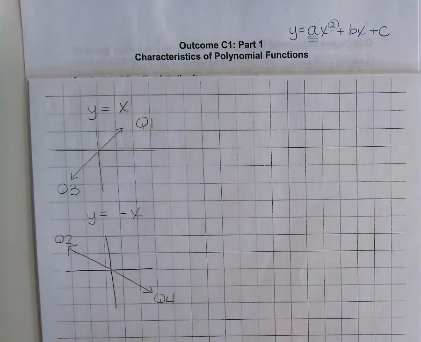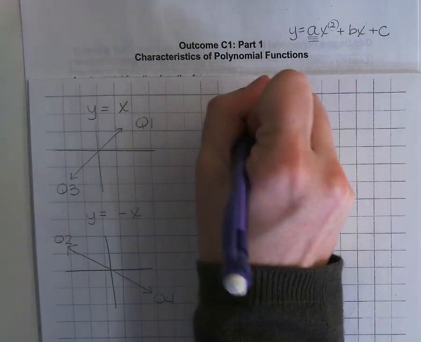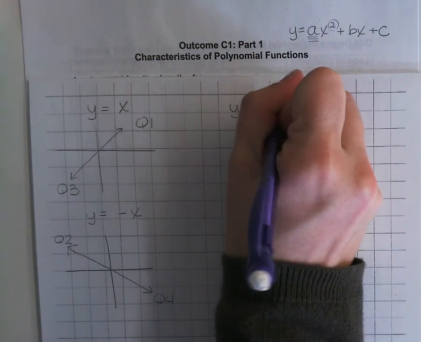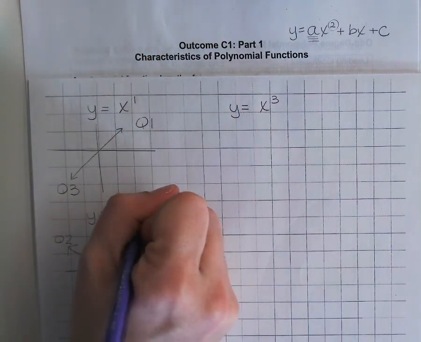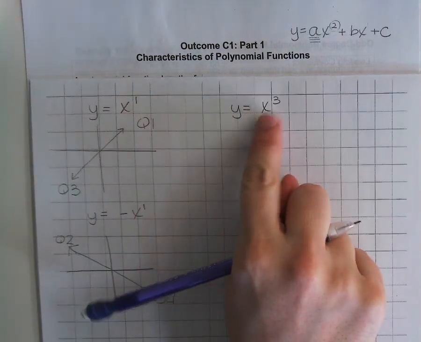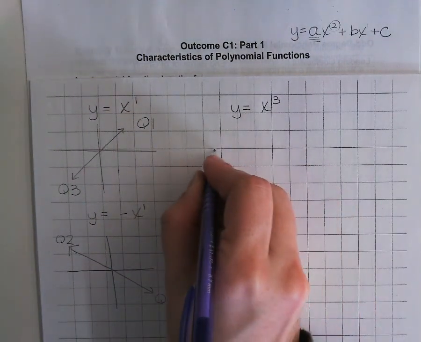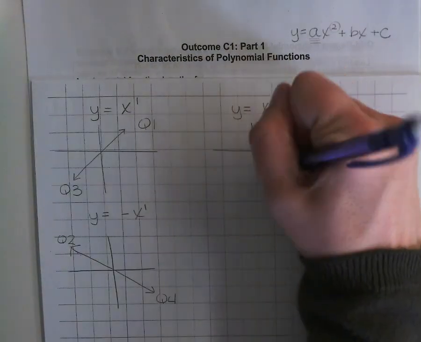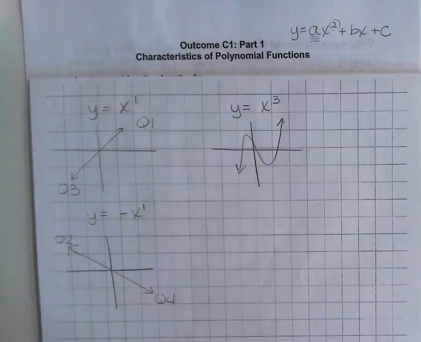And what's nice about this is that we can apply these similar characteristics to cubic functions, because in linear functions our degree is 1, which is odd, and in cubic functions our degree is 3, which is also odd. And a cubic function looks like this.